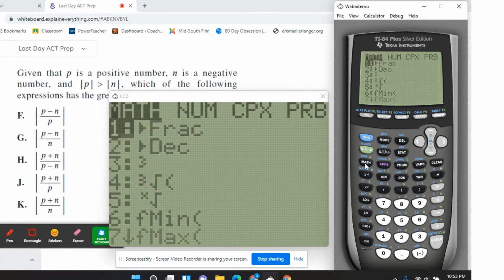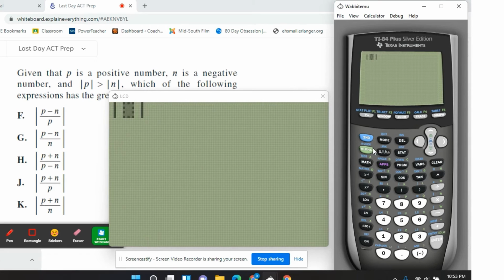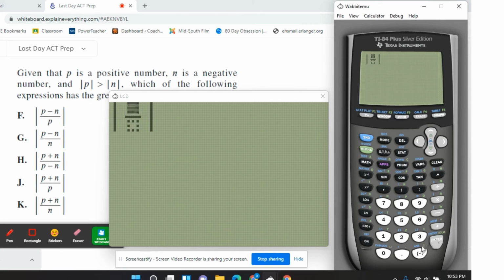So I'm going to go math, and I'm going under numbers, which is where the absolute value is. I'm going to set up fraction mode. And what I end up with is 4 minus negative 3 divided by 4. When I plug this into my calculator, I get 7/4.